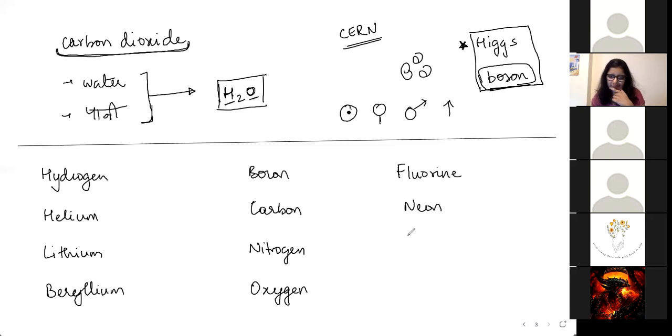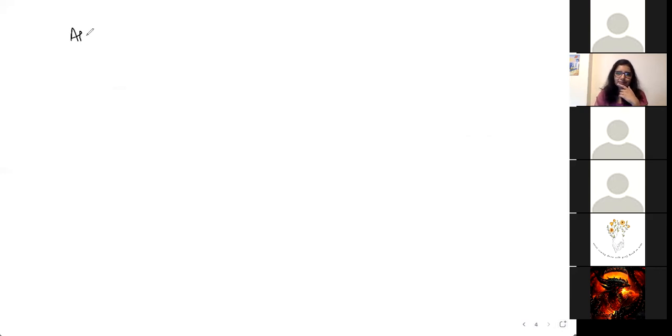Fluorine, neon, sodium, magnesium. Yes. Sodium, magnesium, aluminium, silicon. I had forgotten. What was after aluminium? Silicon. Yes. After that, phosphorus.